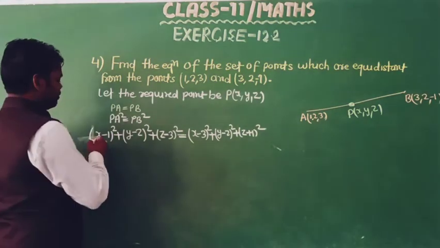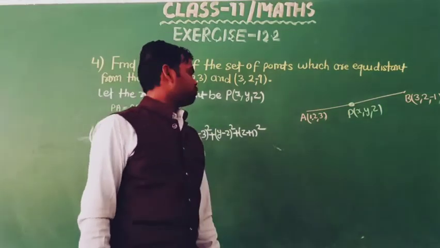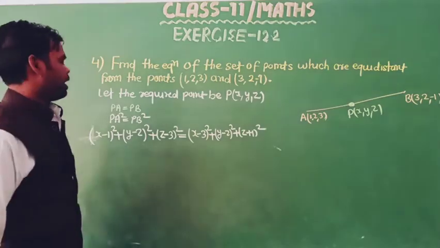Now simplify by using the identities (a minus b) whole square and (a plus b) whole square.